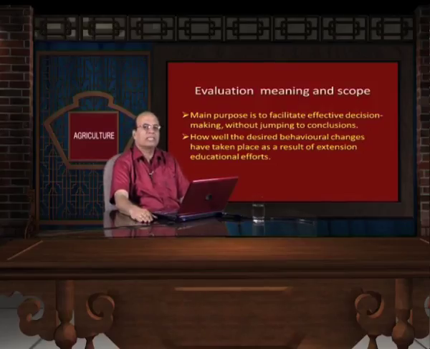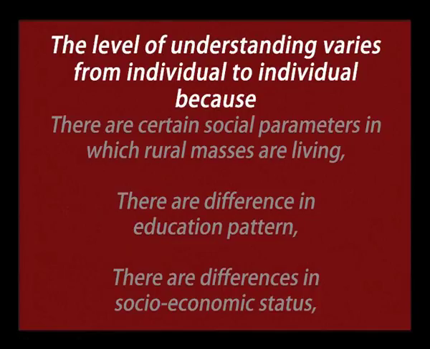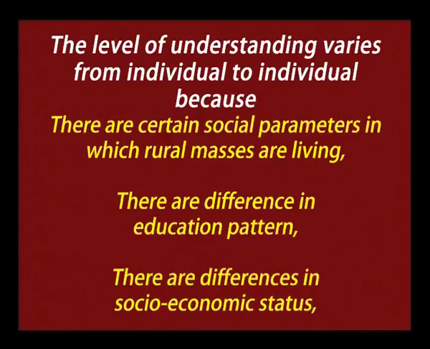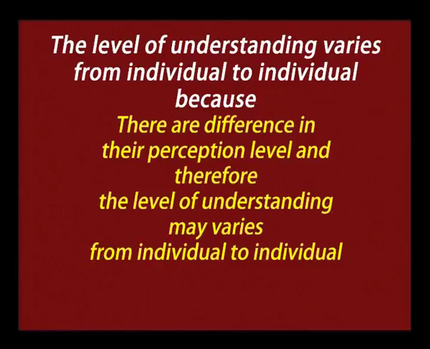understanding. As we all know, in remote areas, in the village areas, people are residing in far-flung places where the level of understanding varies from individual to individual, because there are certain social parameters in which rural masses are living. There are differences in educational pattern, in socio-economic status, and in perception level, and therefore the level of understanding may vary from individual to individual.